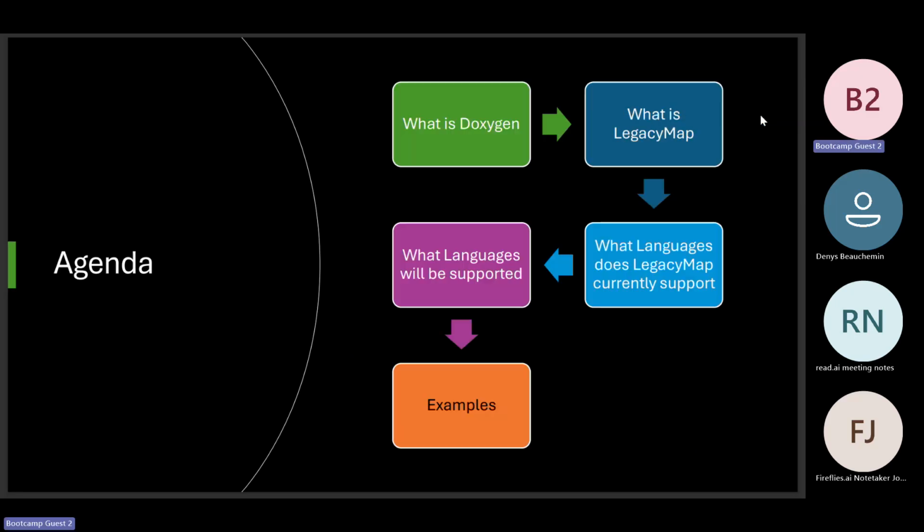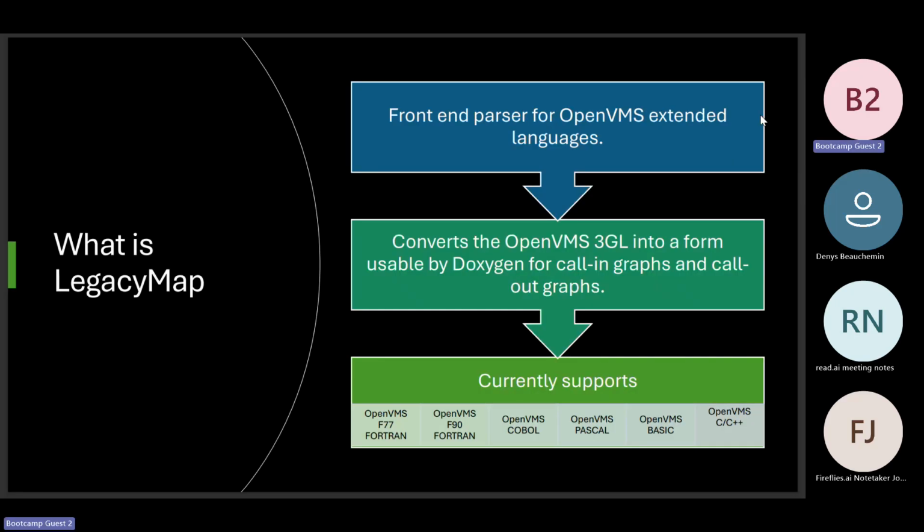Did we not go through Doxygen? Okay. Well, Doxygen is actually freeware. It's been around for maybe 20 years. What it does is it reads through all of your code, which is really C code and Python and Java and things like that.